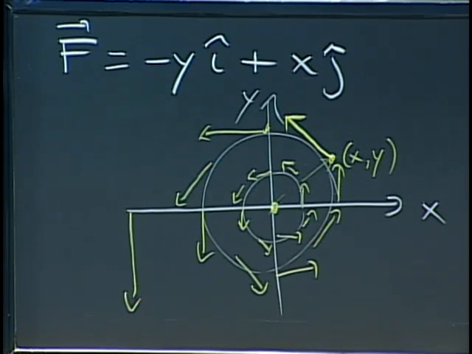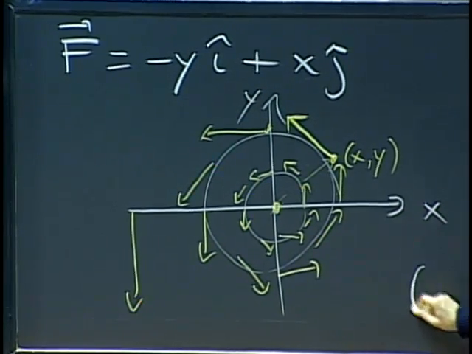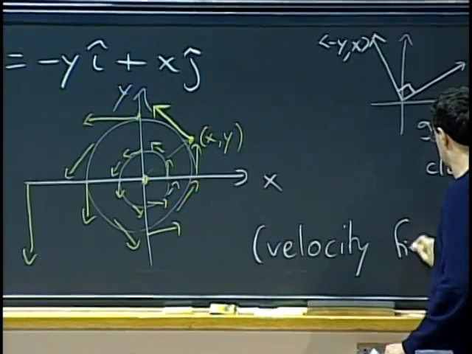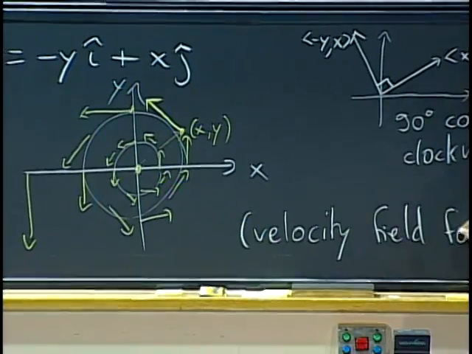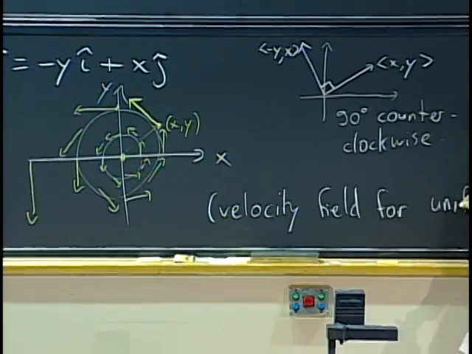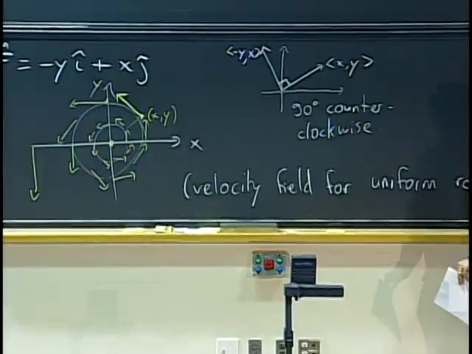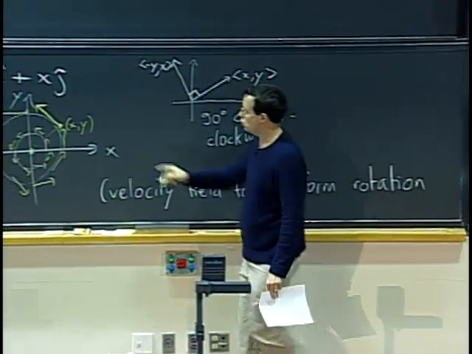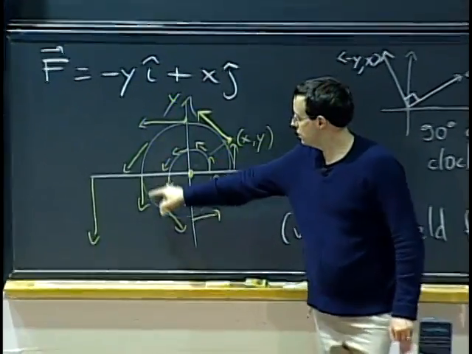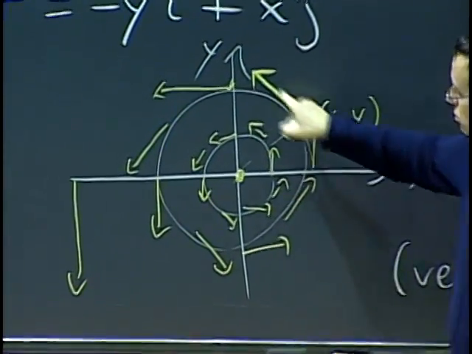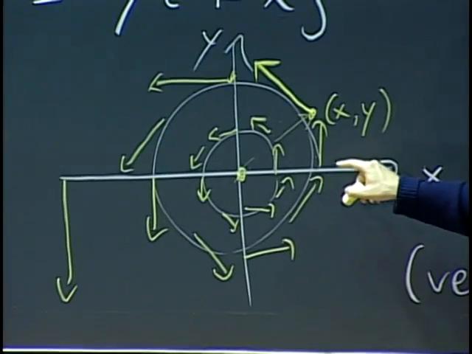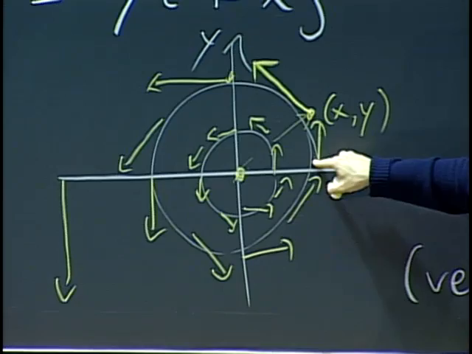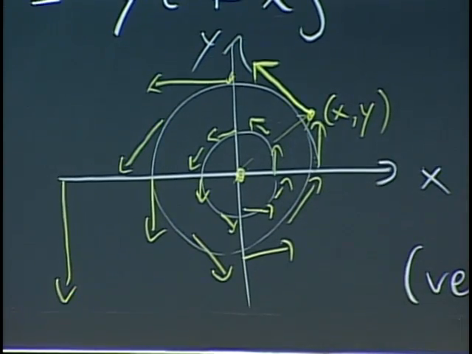Okay, so this is actually the velocity field for uniform rotation. And if you figure out how long it takes for a particle of fluid to go all the way around, well, that will be 2 pi, because the length of a circle is 2 pi times the radius.